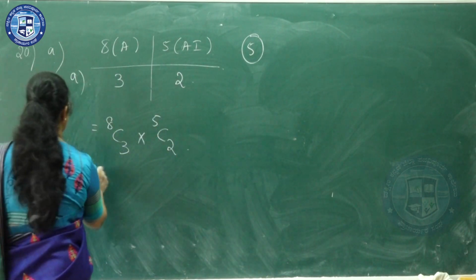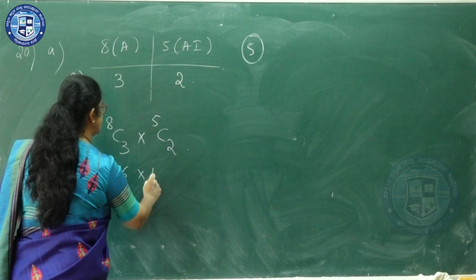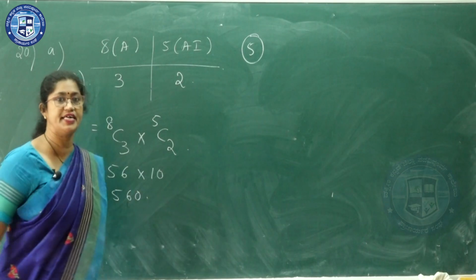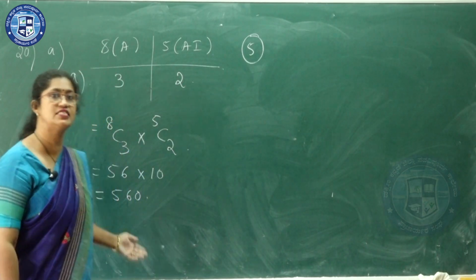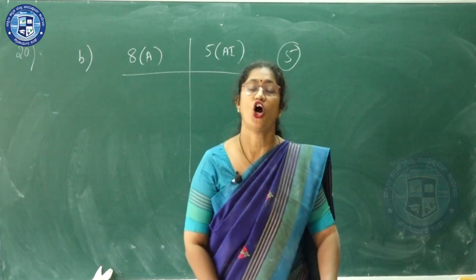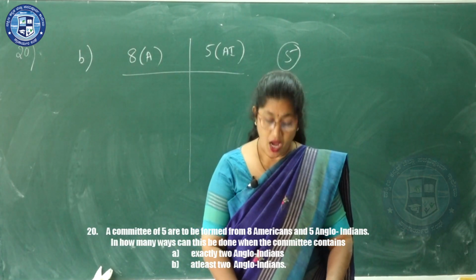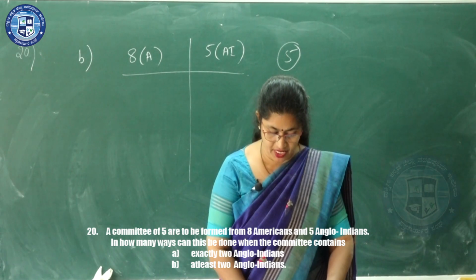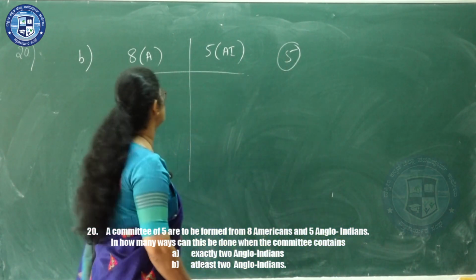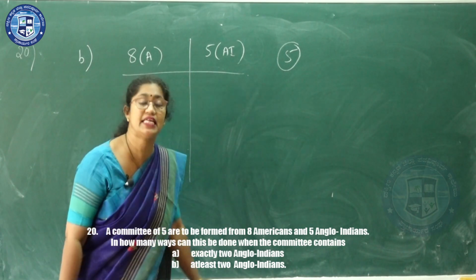Quickly do the calculations. This is 56 into 10, which is equal to 560. Total selections is 560. Option B, how many selections can be done if there should be at least 2 Anglo-Indians? So this should be at least 2.